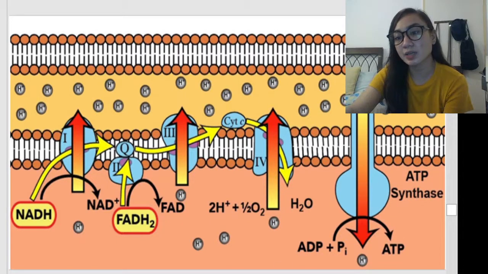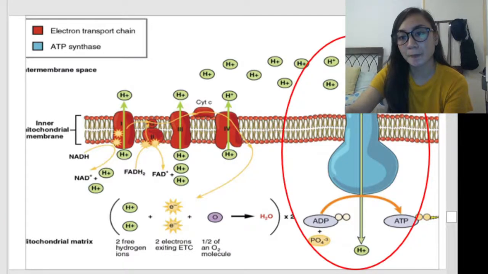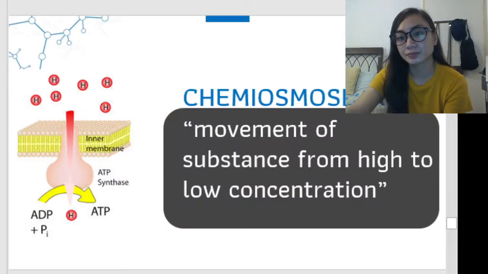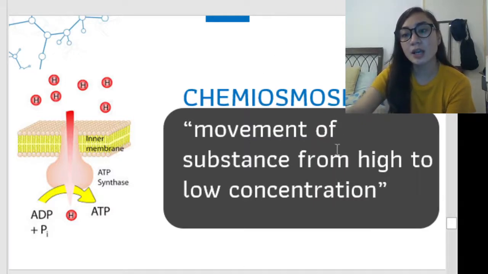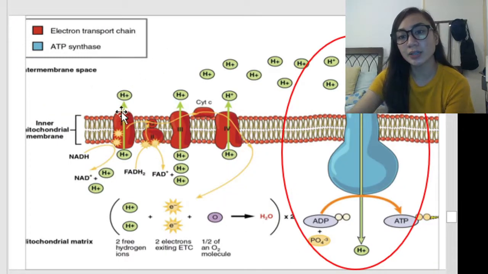Now, we will discuss what is going on sa ating chemiosmosis. So, ito po yun, yung process ng chemiosmosis. So, ang key term natin, chemiosmosis, it is the movement of substance from high to low concentration. So, kung makikita nyo kanina, no, yung mga arrow natin na green here, pinapump niya lahat ng hydrogen ion sa ating intermembrane space. So, from high concentration, papunta sa lower concentration dito sa ating matrix.